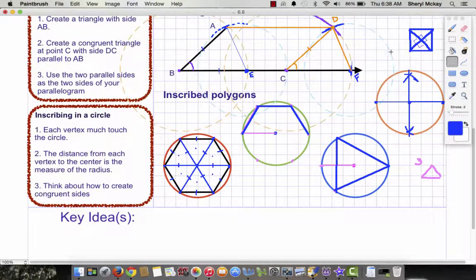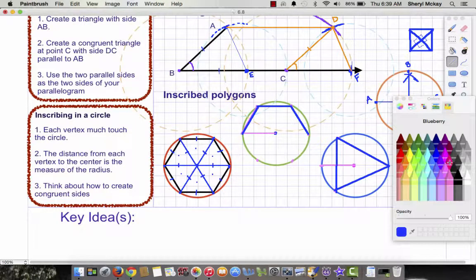Once you've touched the edge of your circle, you've created 2 more points. And once you have your 2 points, you now have 4 points, A, B, C, and D. And you've actually created the diagonals of your square. So now you just have to connect those 4 points. I'll use a different color.